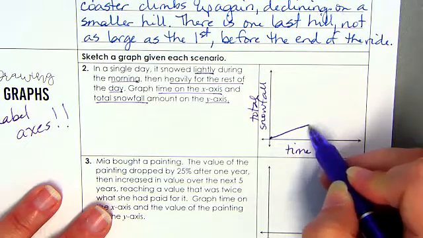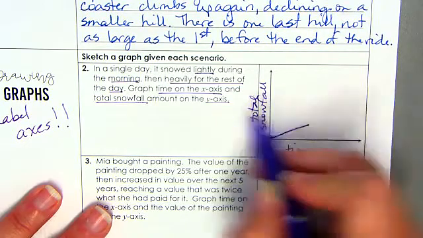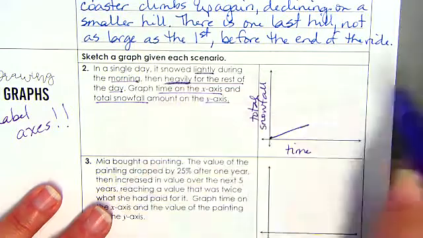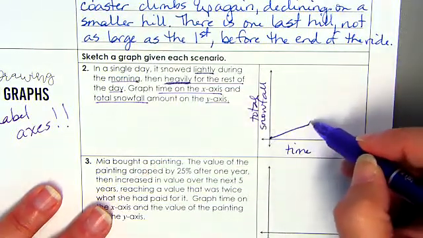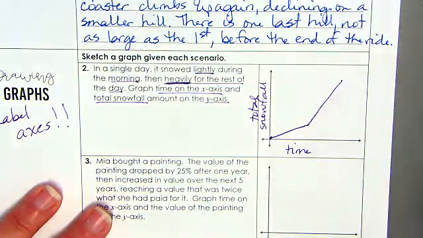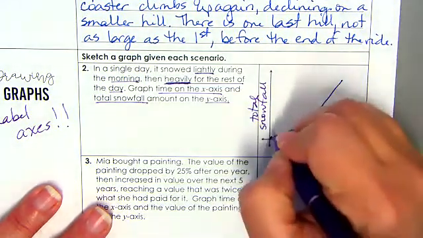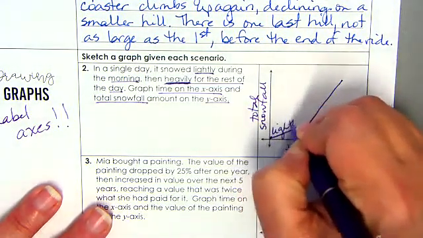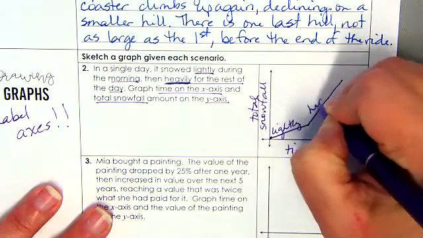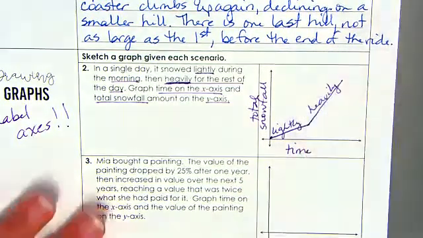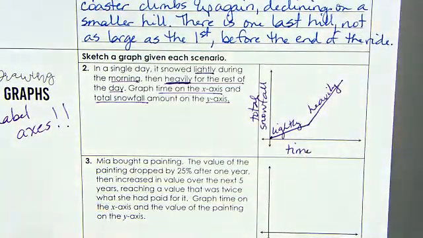Then for the rest of the day, it snowed heavily. That means that the amount of snowfall is going to drastically increase. So this is the lightly section. This is the heavily section. You don't need to add the words. That's just so you're understanding the drawing, because your pictures will not have those words.